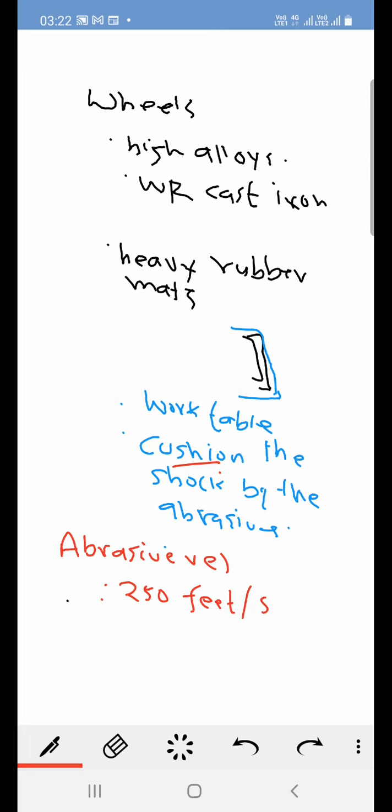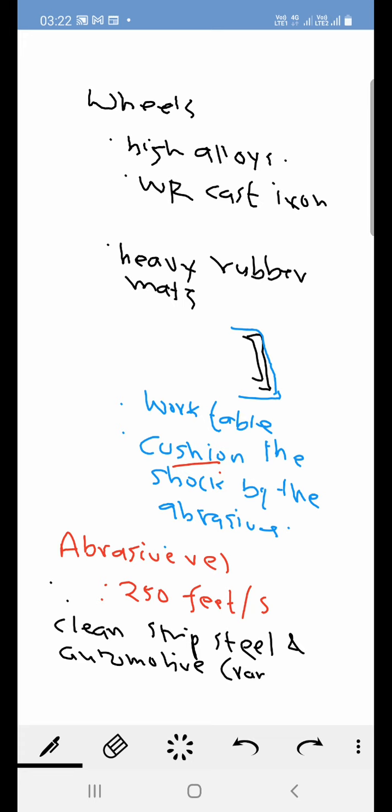As has already been said, they are used to clean strip steel and automotive camshafts, axle shafts, engine blocks, wheel axles also. So they have very high application in the automotive industries.